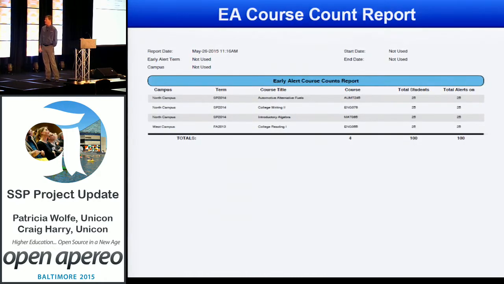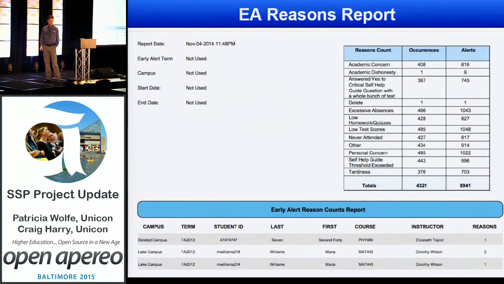A couple new reports around early alerts. The course count report. This just gives an overview, total number of students and total number of alerts per course. So if you've got 25 students and 500 alerts, that would obviously be a flag. So it just gives some metrics on those.